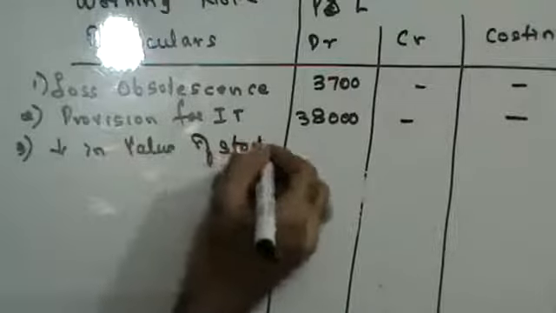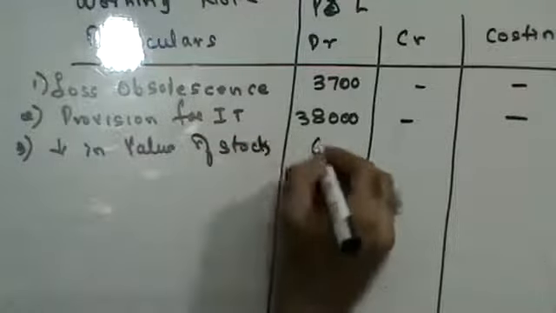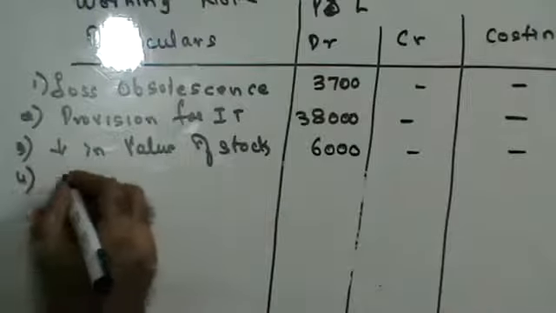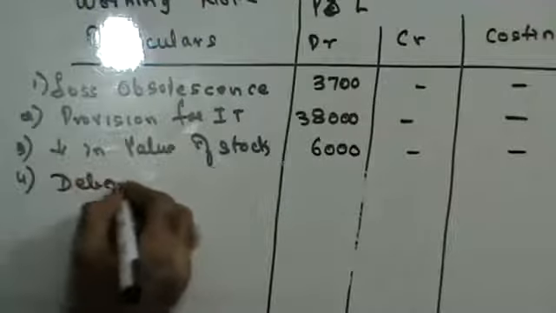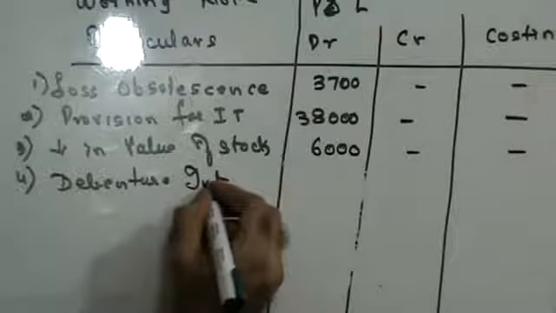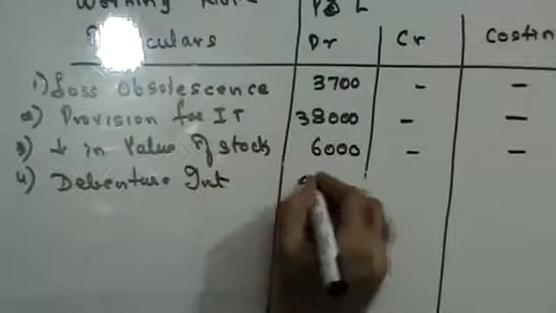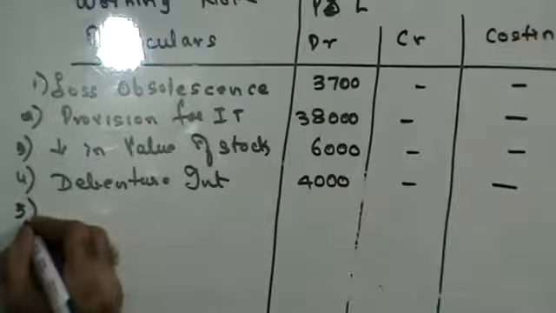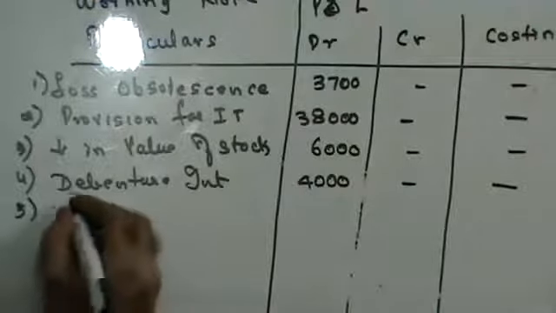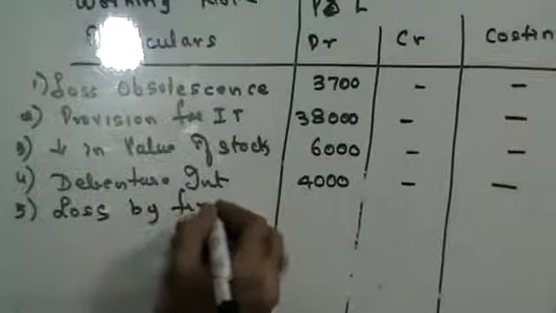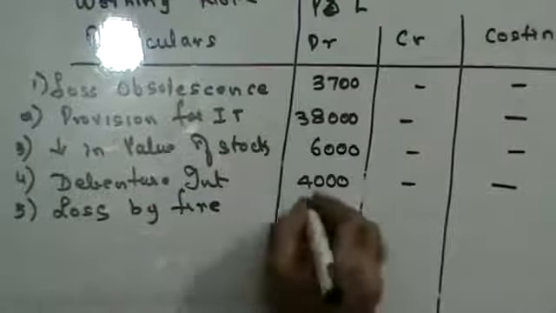Loss again, so on the debit side, 6,000. Debenture interest is 4,000, loss again. Next, loss by fire. Loss by fire is 1,050.